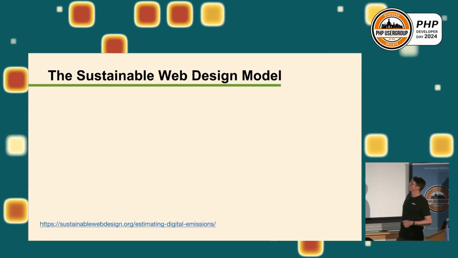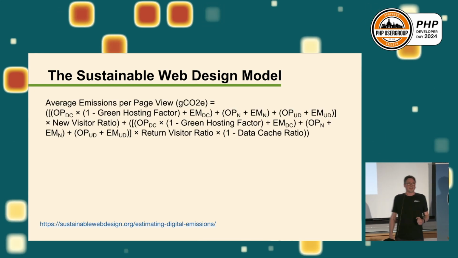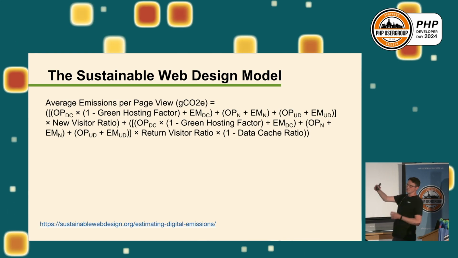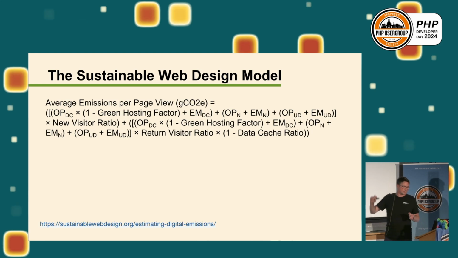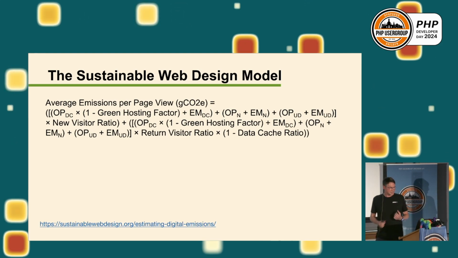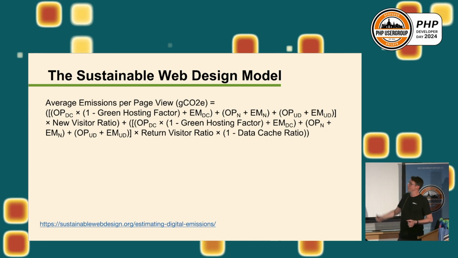So there's the so-called Sustainable Web Design model, which these people came up with. It's basically a handy formula which you can take. I will not go through this, but there are some factors in there, like OP is the operational emissions, from the operation network, NUD is user device. Then you have the embodied carbon.